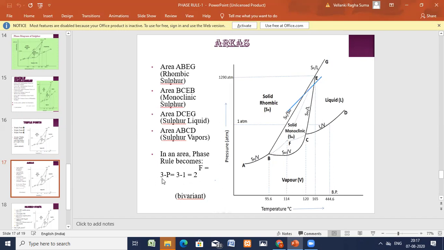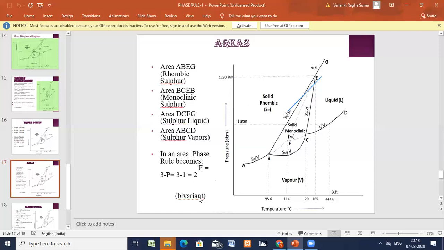Here the phase is only 1, so you are getting a bivariant system. So the phase rule on applying for the areas gives the bivariant system.